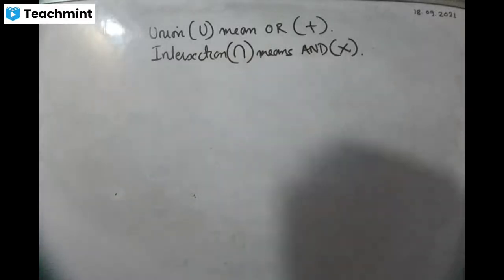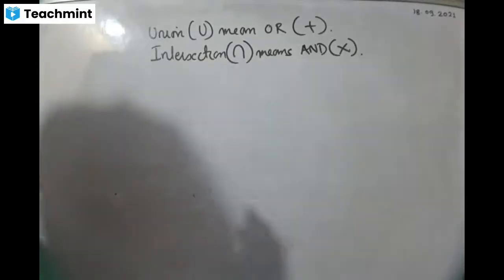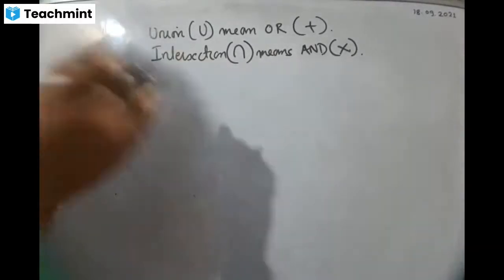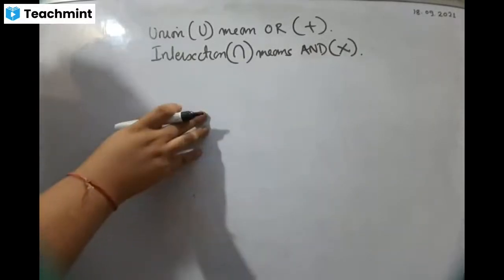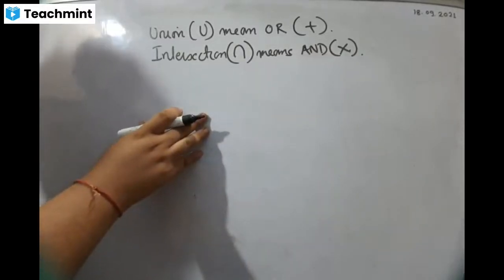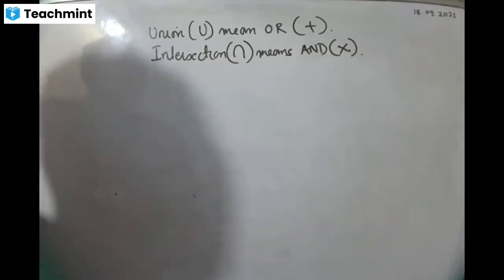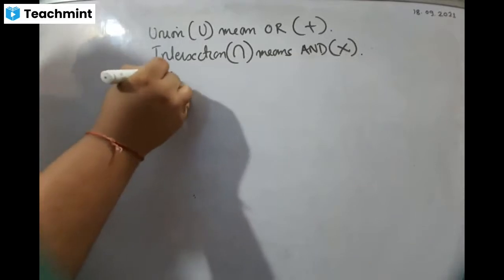Okay, now we come to a very important formula. In class 10, you learned only how to find the probability of individual events, like probability of A, probability of B, probability of C. Now, today I'm going to teach you how to find the probability of two events connected with each other. Is that clear?